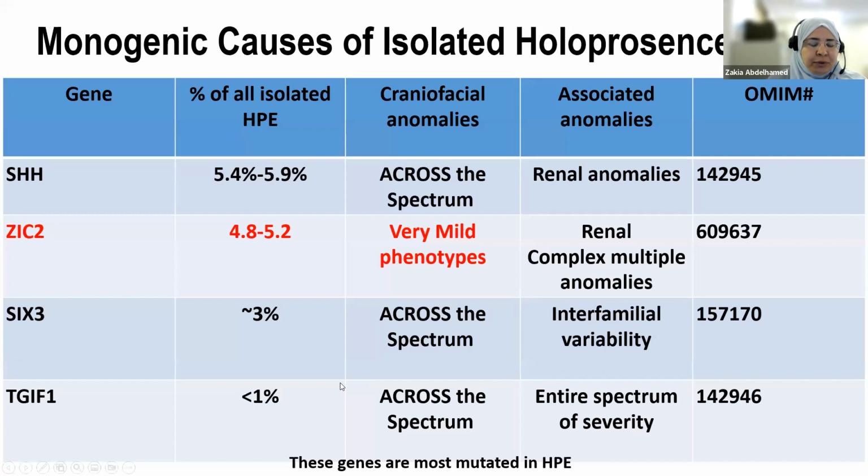And I will come to the more interesting part, the most common monogenic causes. These are, as I mentioned, the most common genes causing holoprosencephaly.